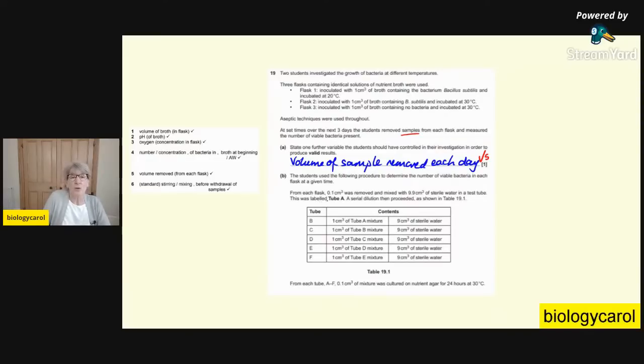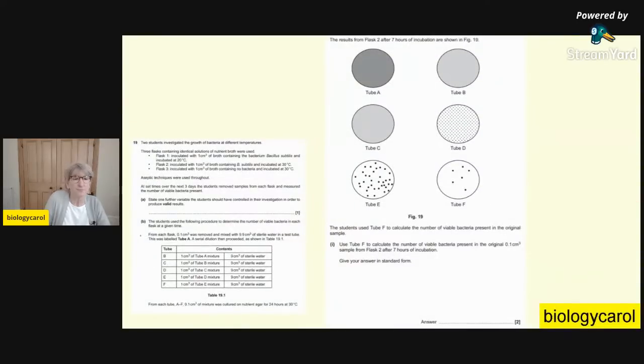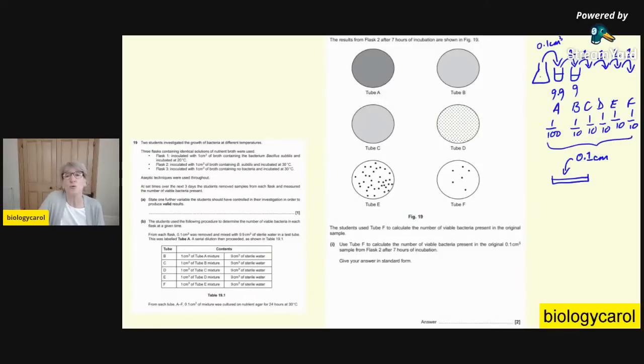And then it goes on to describe, hold on, that's not in here, that's the next one. And then we go on to describe how the contents of the original flask were diluted, and then each of those dilutions, 0.1, was put onto an agar plate and cultured. So I've drawn a little diagram of what went on. We had our original flask, 0.1 centimetres cubed, was put into 9.9 of water.